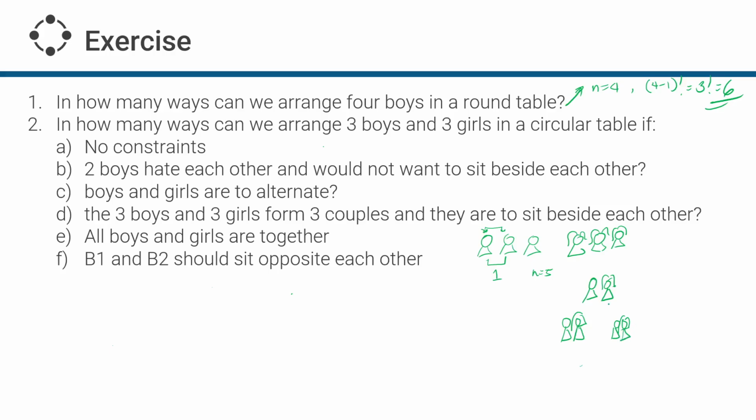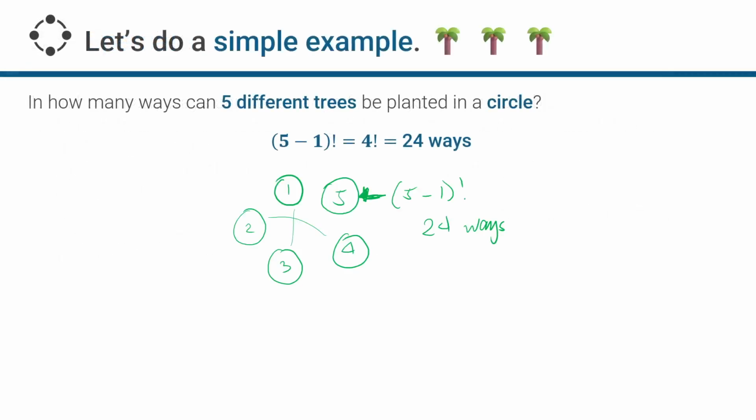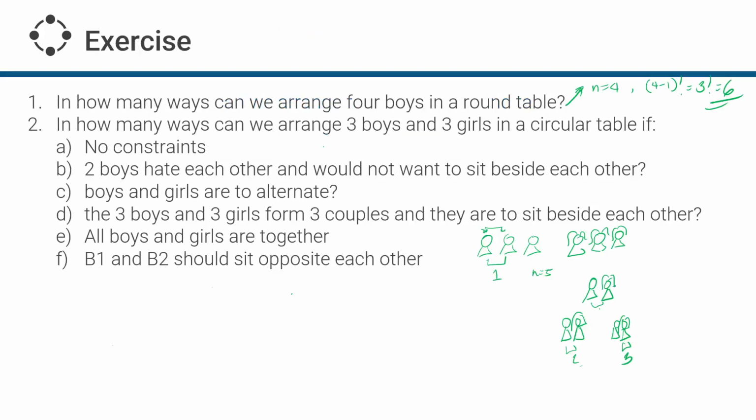So we consider them as 1 block, 2 blocks, and 3 blocks, and they are to sit next to each other. So we have 3 minus 1 factorial equals 2 factorial equals 2.